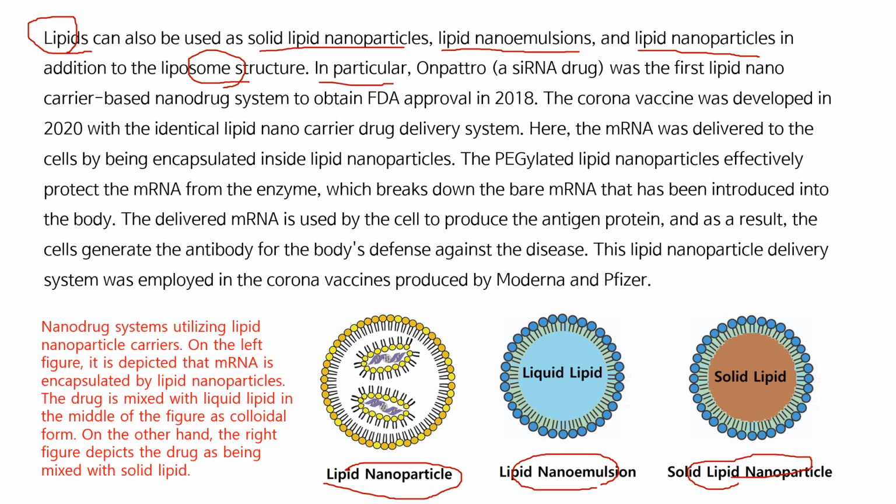In particular, ONPATTRO was the first lipid nanocarrier-based nanodrug system to obtain FDA approval in 2018. The corona vaccine was developed in 2020 with the identical lipid nanocarrier drug delivery system.